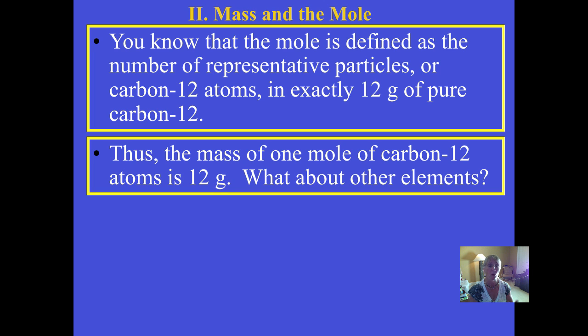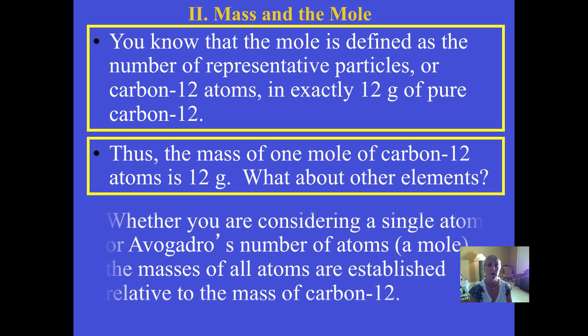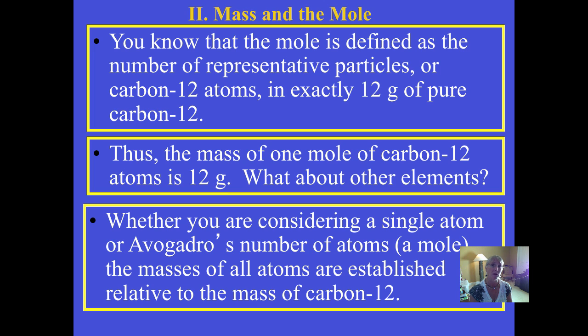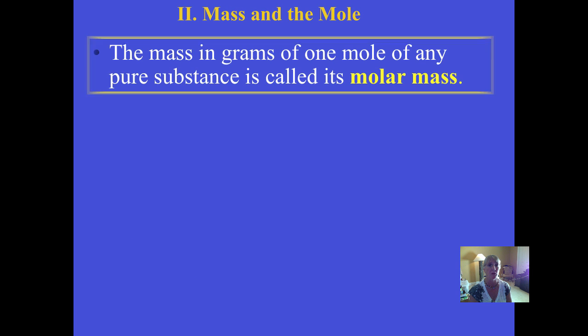The mass of a mole of carbon atoms, you just substitute in the term grams. The other elements can be found by looking at the periodic table, and whether you're considering a single atom or a mole's worth of atoms, the numbers are up there in the periodic table, measured relative to the element carbon.